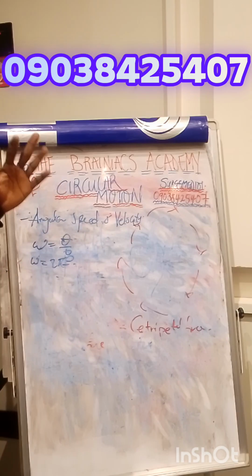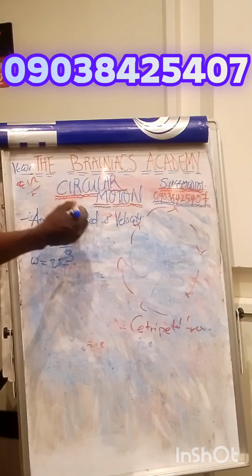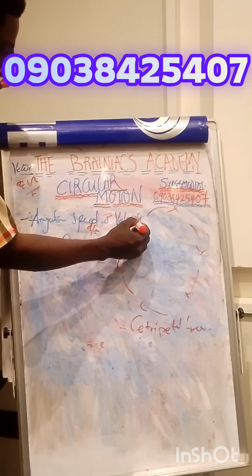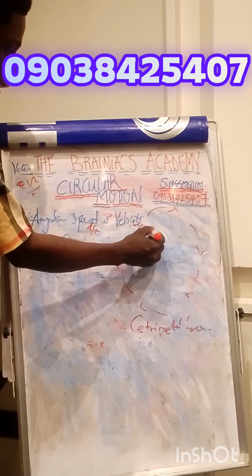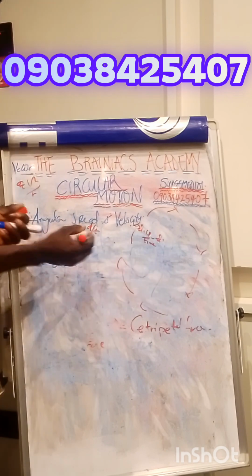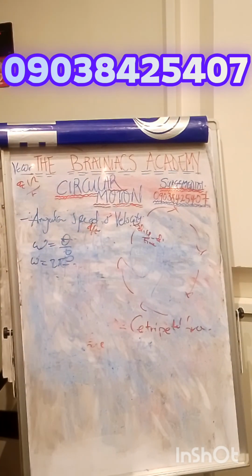Speed is the rate of change of distance with time. Velocity is the rate of change of displacement with time. And this one is measured in a specified direction. This one is not measured in a specified direction.